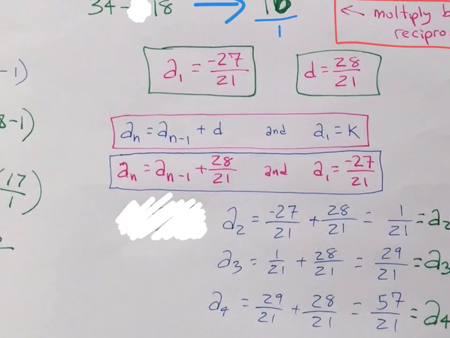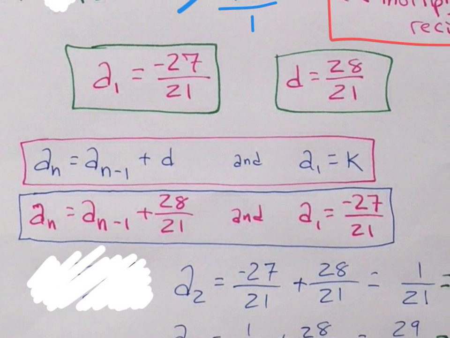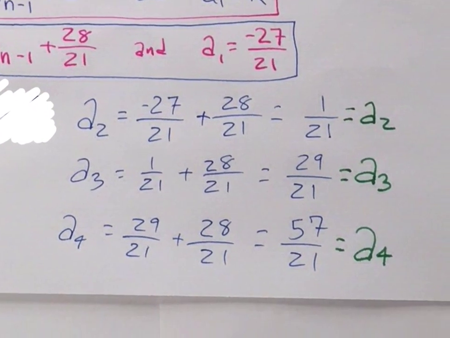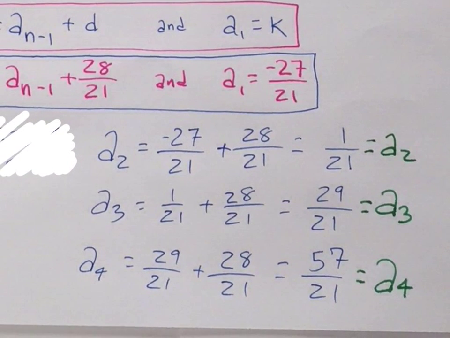We've got the first term, which we have right here. We're now going to plug it into our recursive formula. This is our template right here. When we plug it in, our difference is positive 28 over 21 and the first term is negative 27 over 21. Let's figure out the second term. The second term is the first term, negative 27 over 21, plus the difference, giving us 1 over 21.